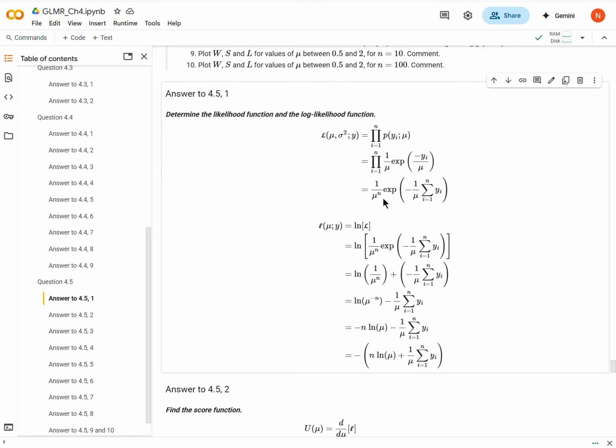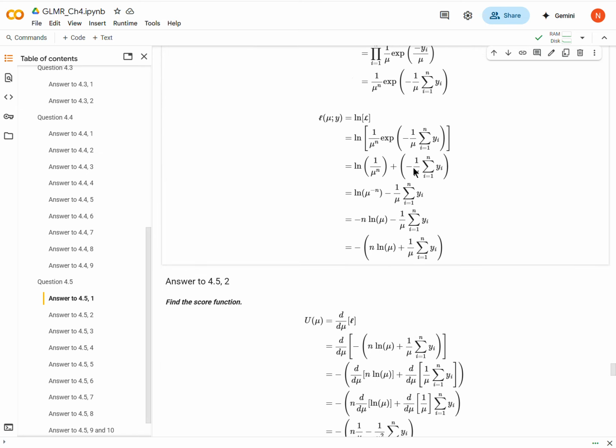Again, let me restate that. We go to the log scale because ultimately we want to maximize this function, and the value of mu at which the log likelihood is maximized is the same value at which the likelihood is maximized. But because the log likelihood is simpler to work with, we prefer to convert to it.